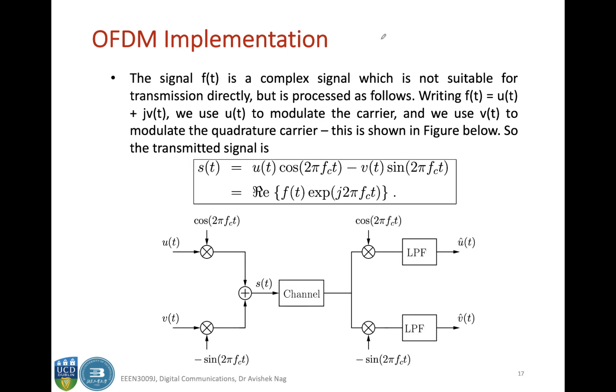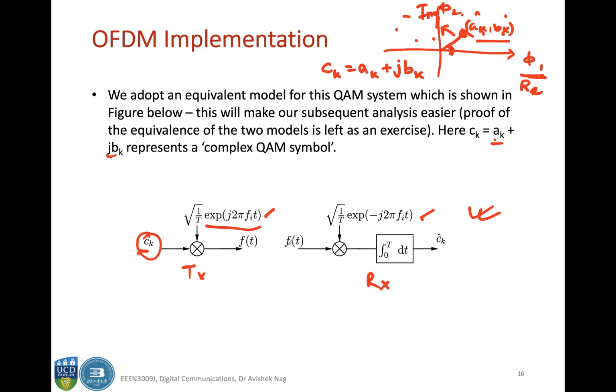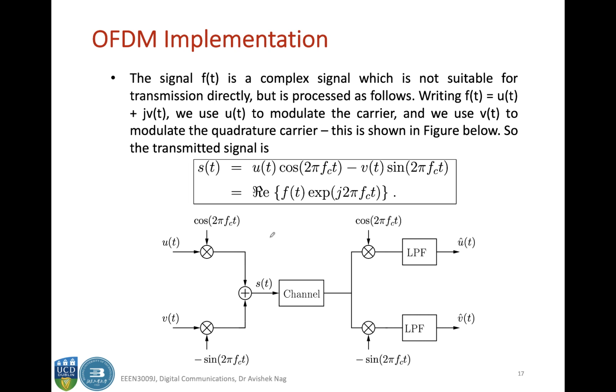The signal FT that you saw in the previous slide is again a complex signal, which is not suitable for transmission directly, but is processed as follows. If you write FT equal to UT plus J of VT, real and complex part, and you use UT to modulate the carrier and VT to modulate the quadrature carrier, you have a different representation.